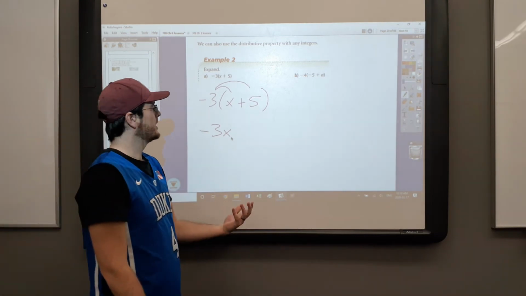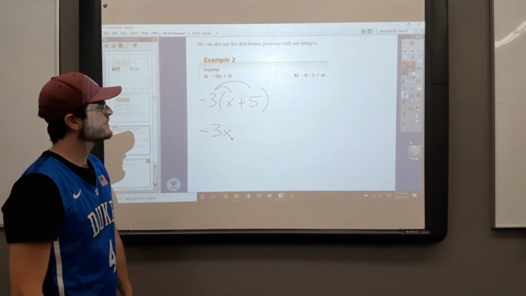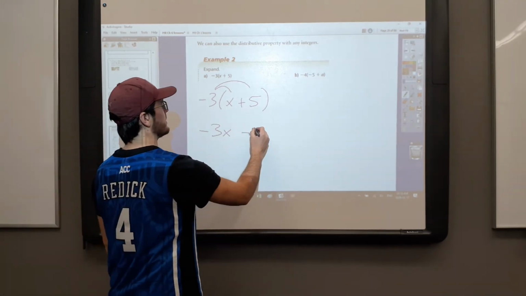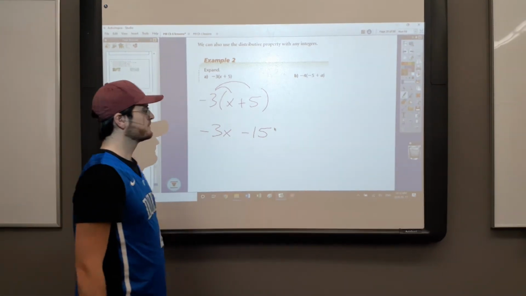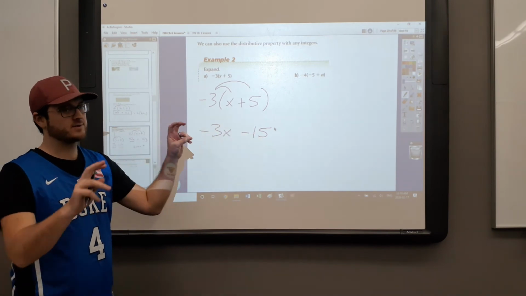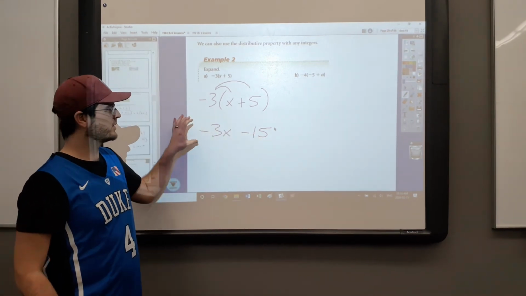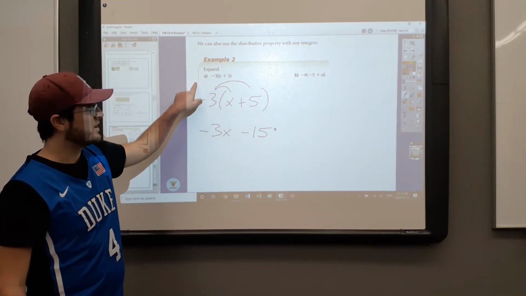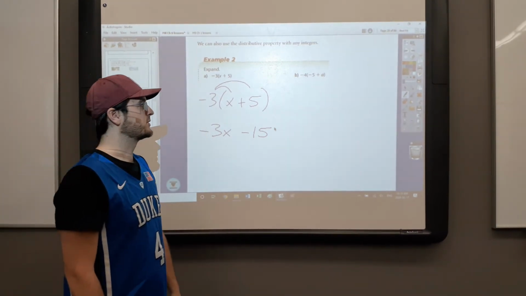We write that as the coefficient and the variable. Then we take -3 times +5, which becomes -15. So there's my expanded answer.